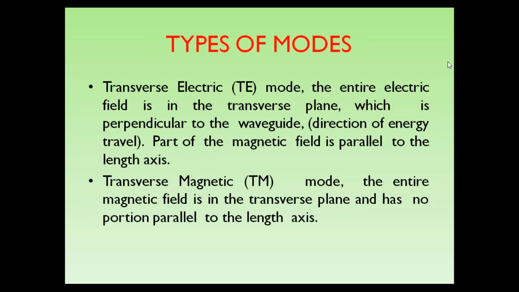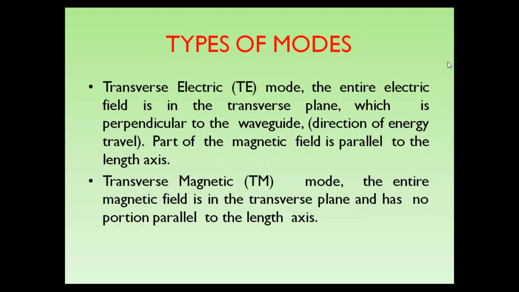There are two different types of modes available: transverse electric mode and transverse magnetic mode. In transverse electric, the entire electric field is in the transverse plane, which is perpendicular to the waveguide, and gives the direction of the magnetic field parallel to the length axis.